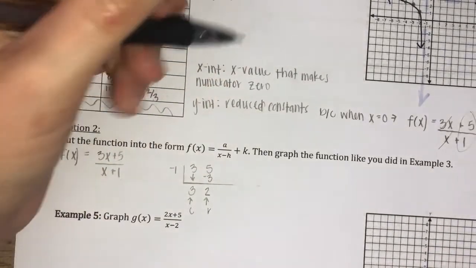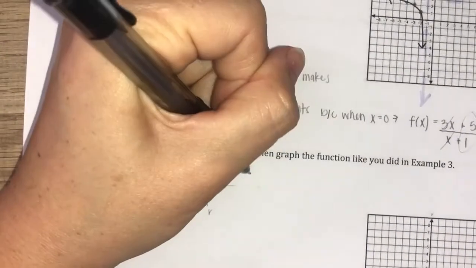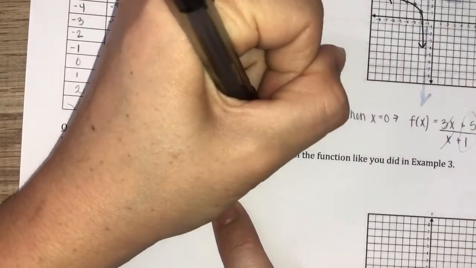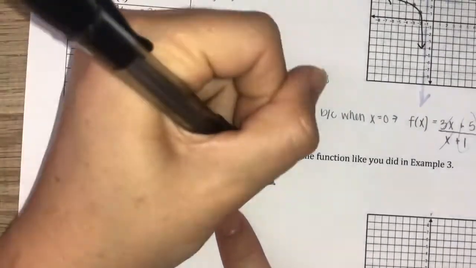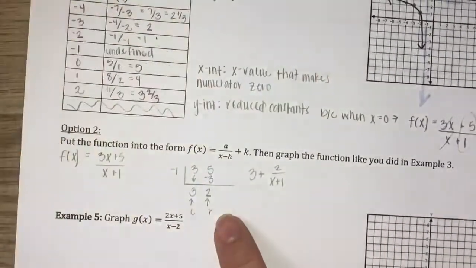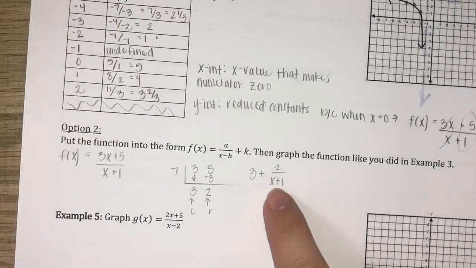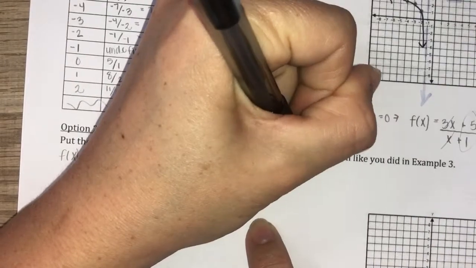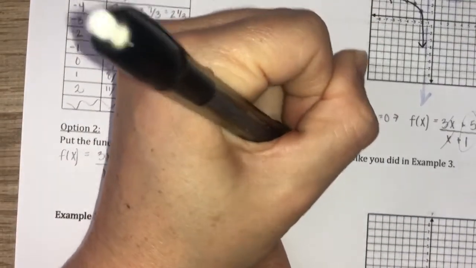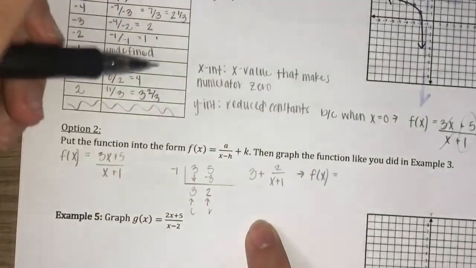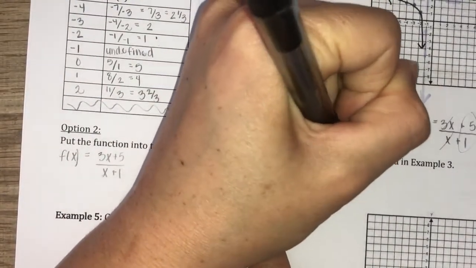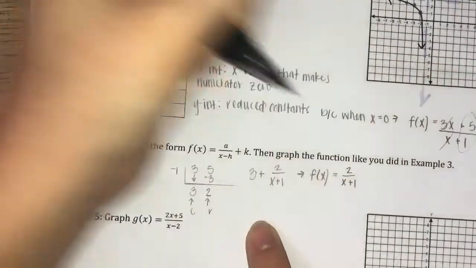So our final answer, if we were to rewrite this, would be 3 plus our remainder 2 over x plus 1, what we divided by, and then we can just flip this around in order to get it in this form. So we can rewrite it as f of x equals 2 over x plus 1, and then plus 3.